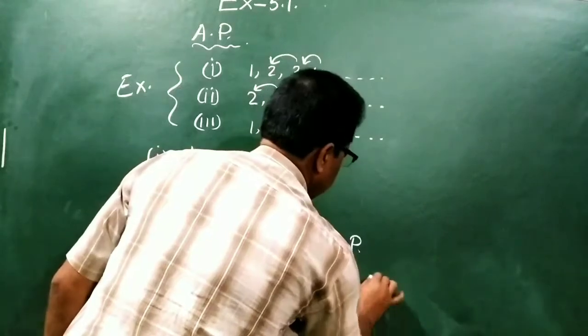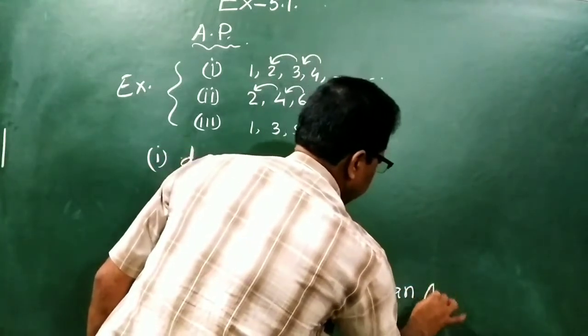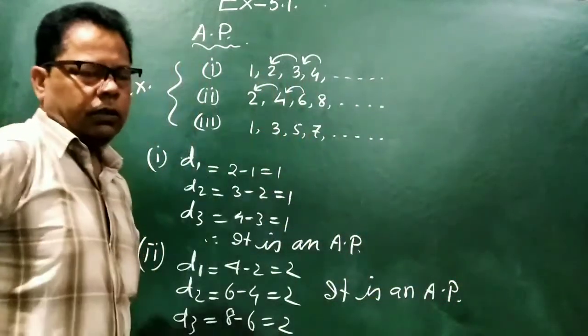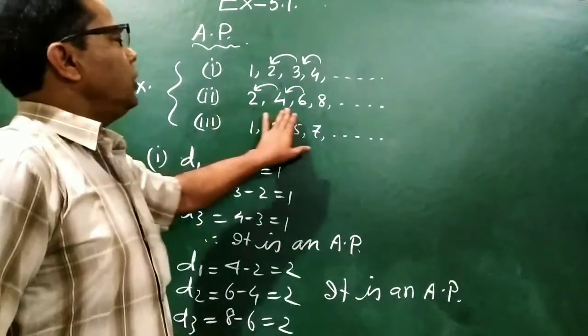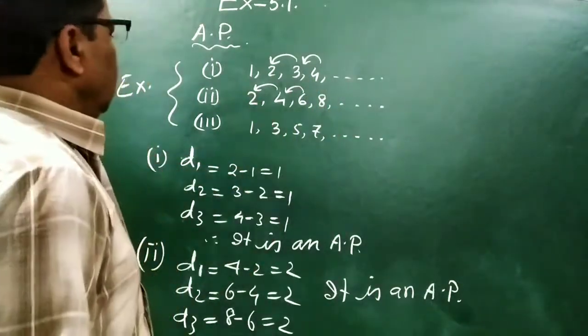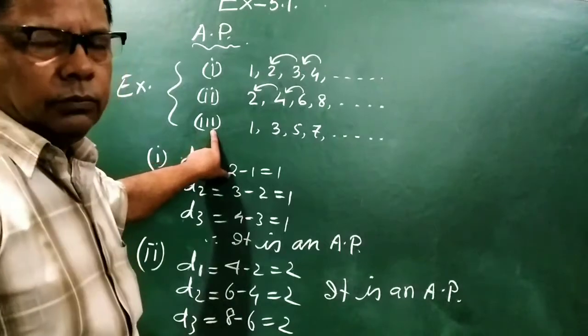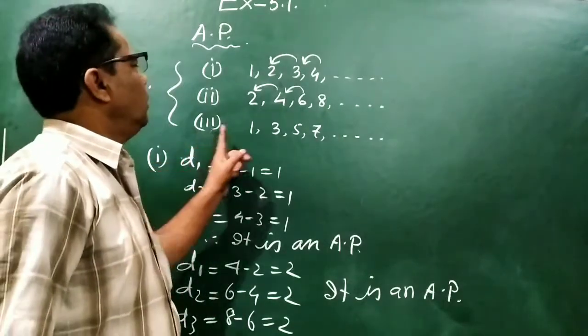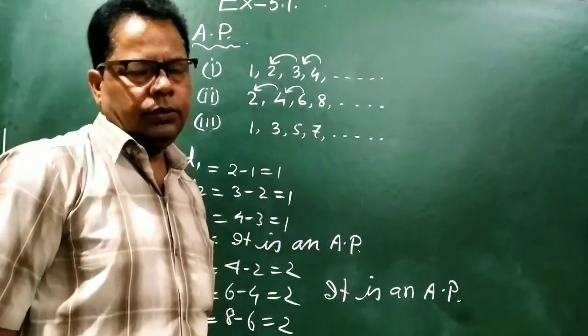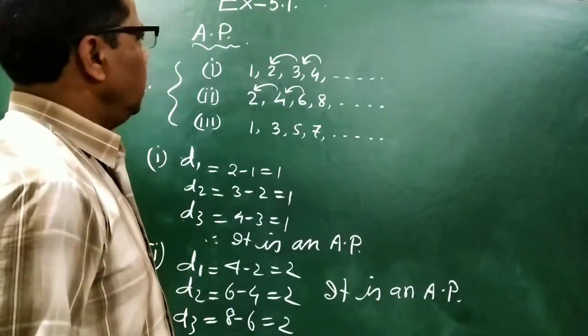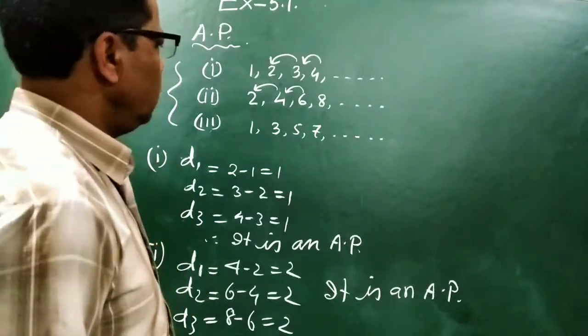It is an arithmetic progression because all these numbers are in a pattern. Let's check question number 3, whether these numbers are in arithmetic progression or not.